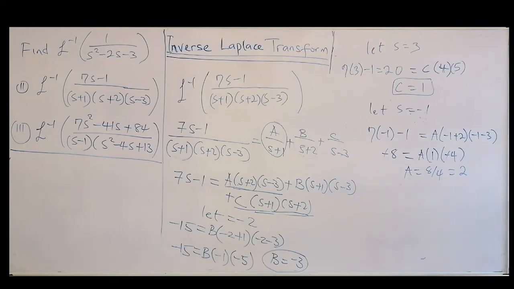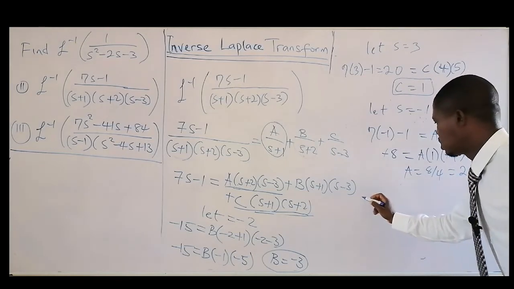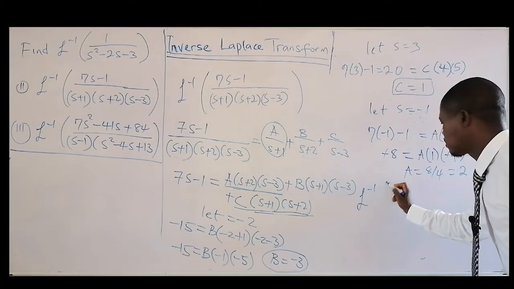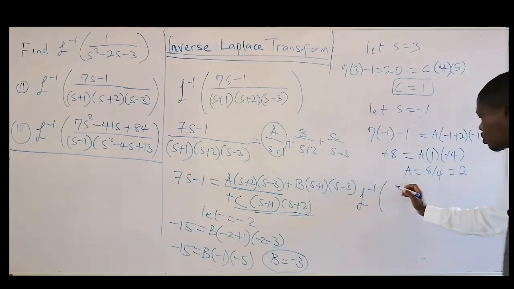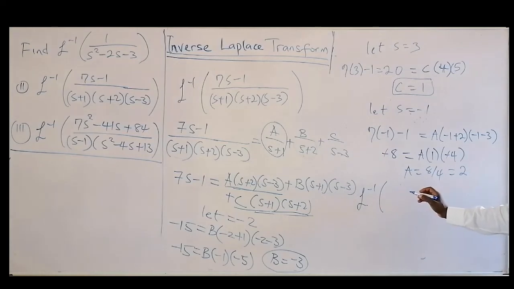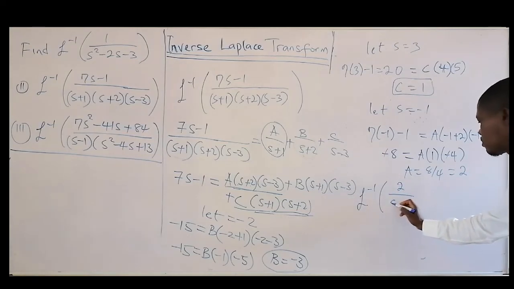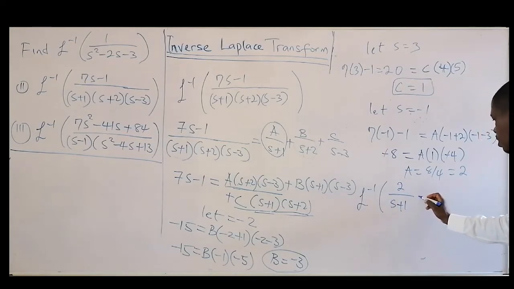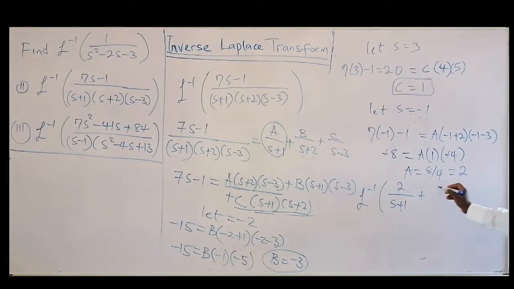Okay, so on the final note, I can just go and do the inverse of my expression. A I got 2 over (s plus 1), plus B, I have minus 3 over (s plus 2), then C we have 1 over (s minus 3).